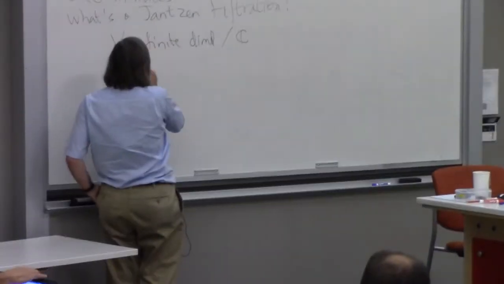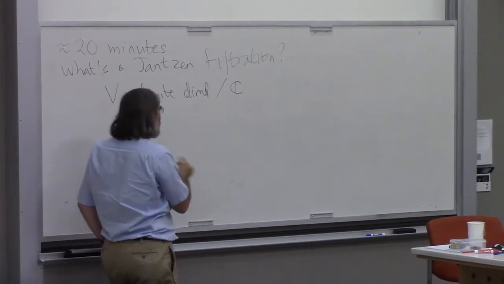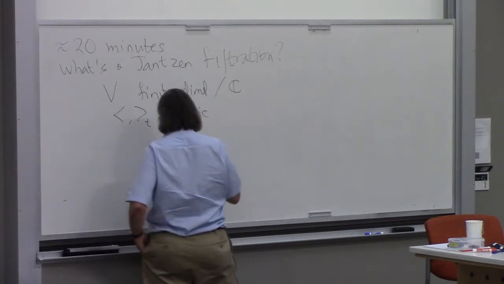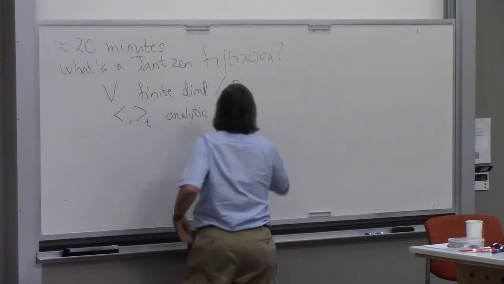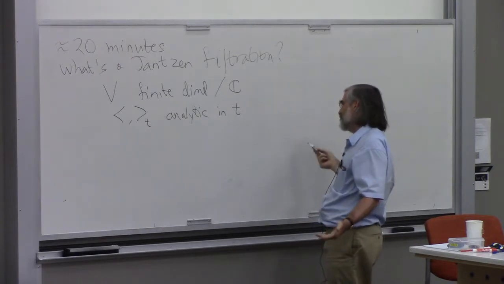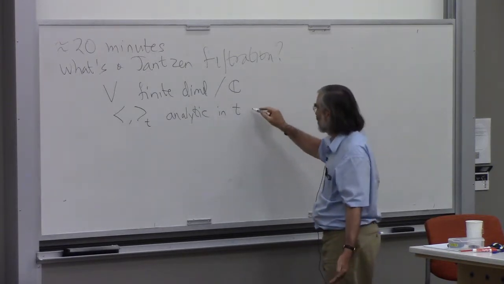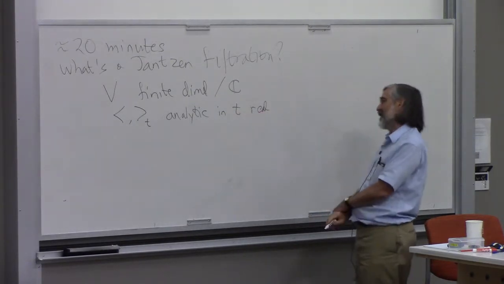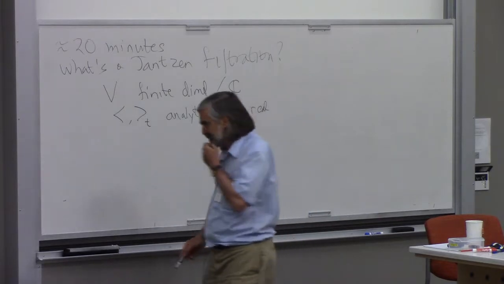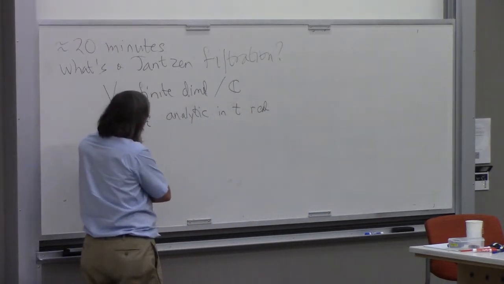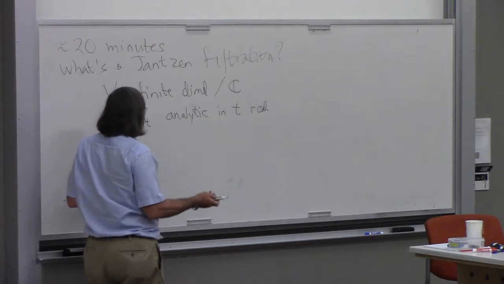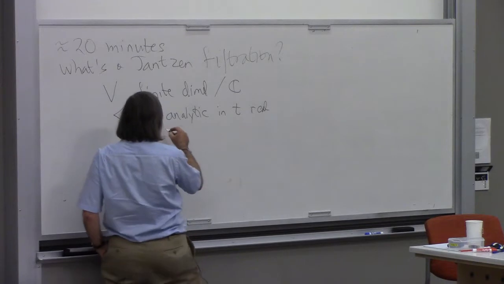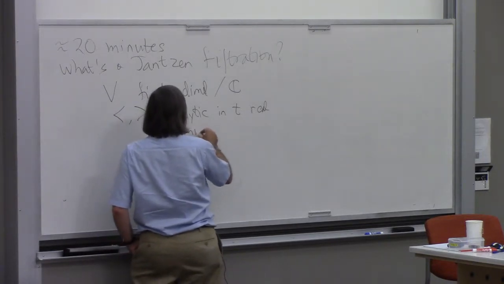and a family, analytic in T, for some values of T. Well, what I want to say is that these are Hermitian forms.